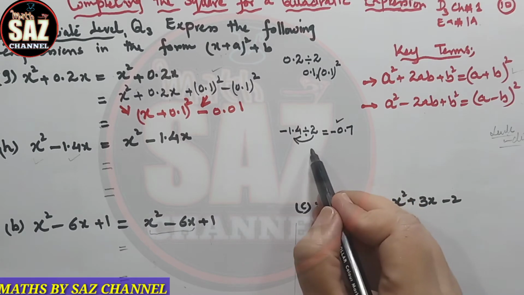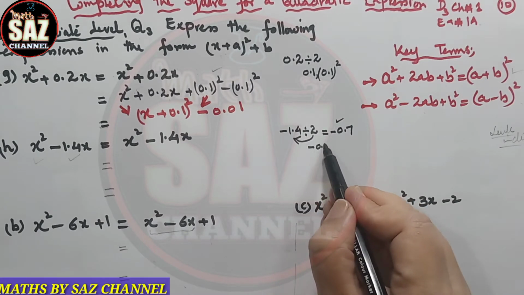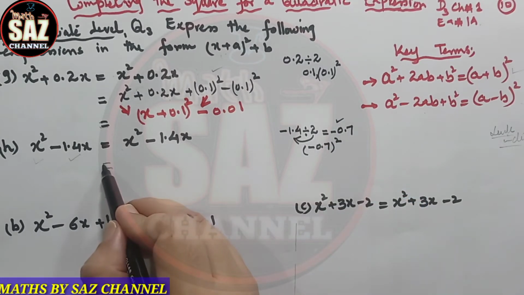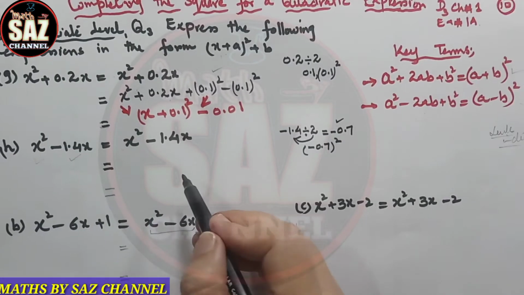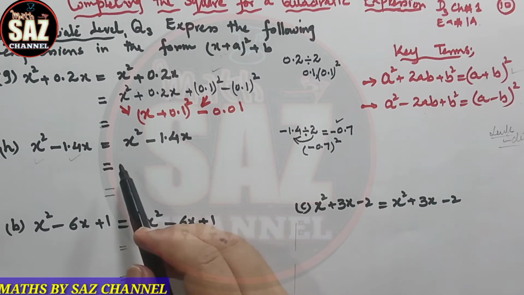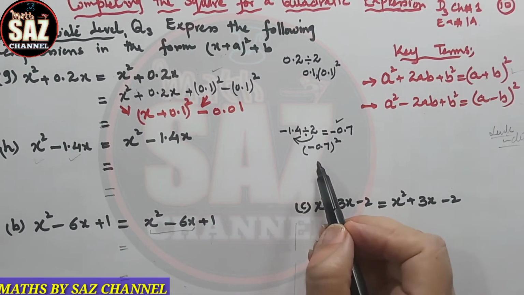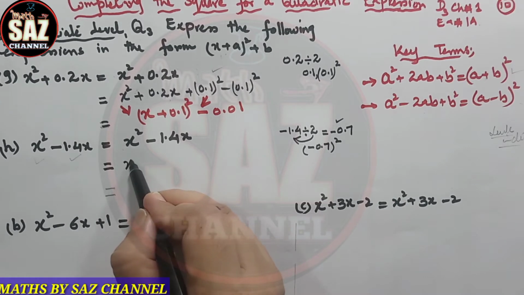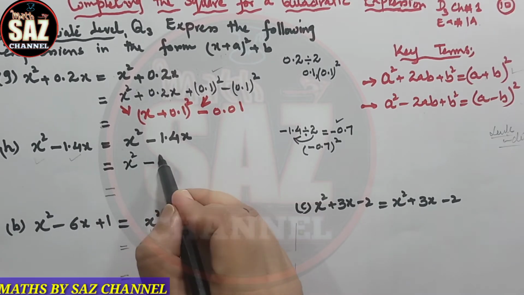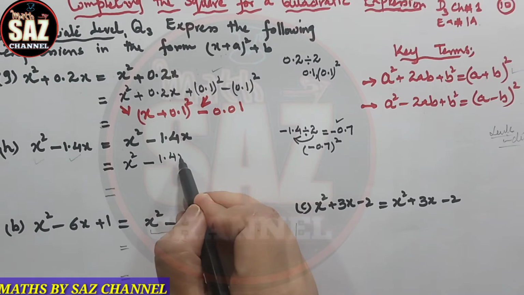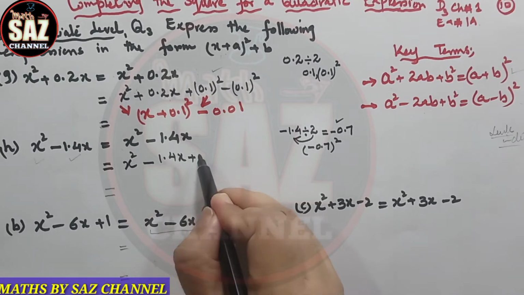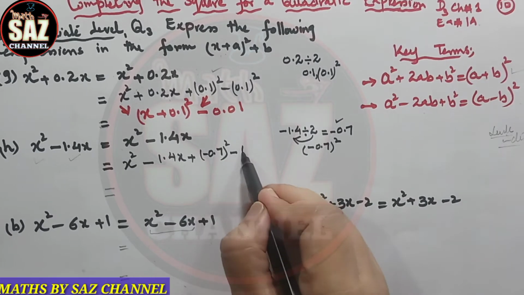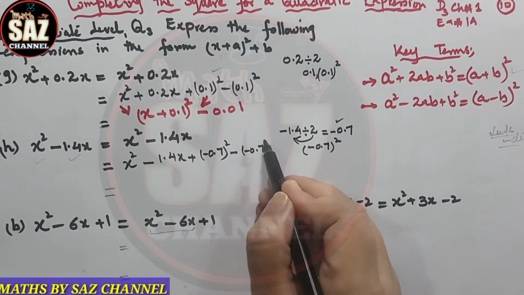Now I have to take the square of this half, and in order to turn this given expression in form of the completing square form, I have to add and subtract the square of half from the given expression, and my question will take the form x square minus 1.4x plus (minus 0.7) square and minus (0.7) square.